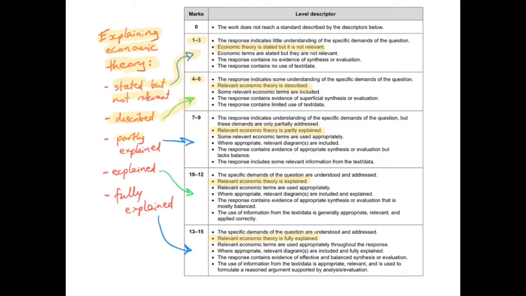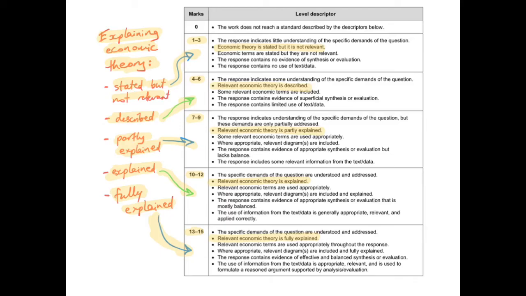If you have partly explained the economic theory, that's level 3, between 7 to 9 marks. If you have explained the relevant economic theory, that's level 4, between 10 to 12 marks. If you have fully explained the relevant economic theory, that's level 5, between 13 to 15 marks.